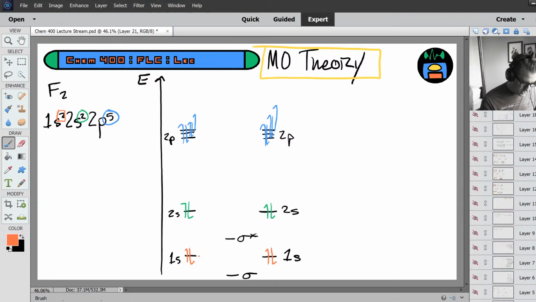So that's these two 1s orbitals mixing. My 2s orbitals are going to mix to form both a sigma and a sigma star.